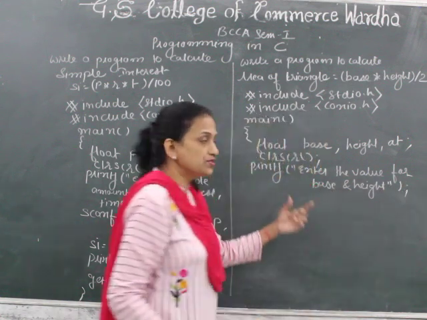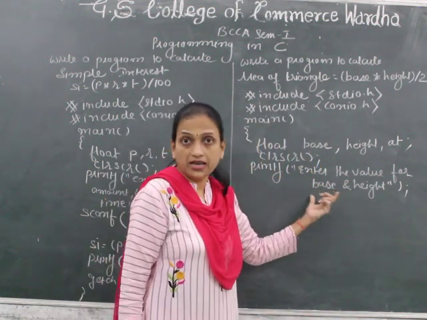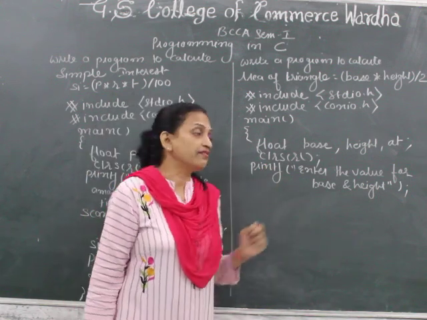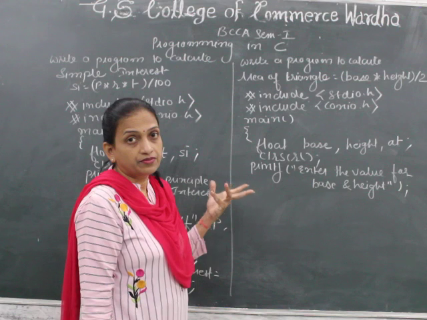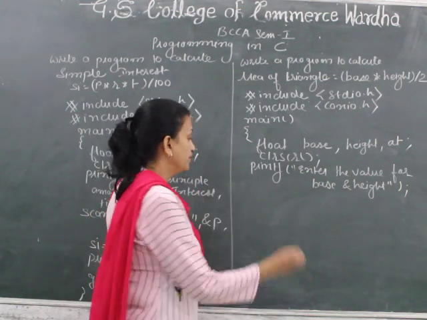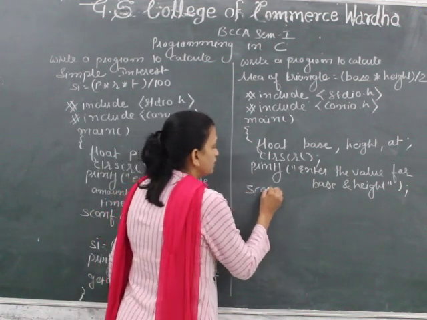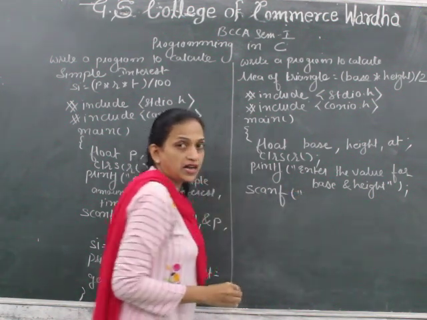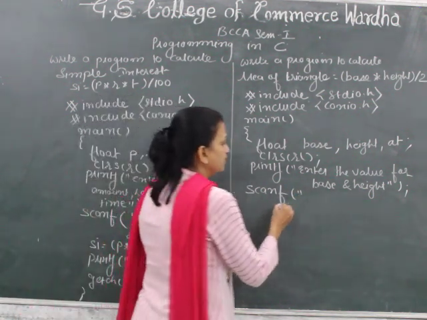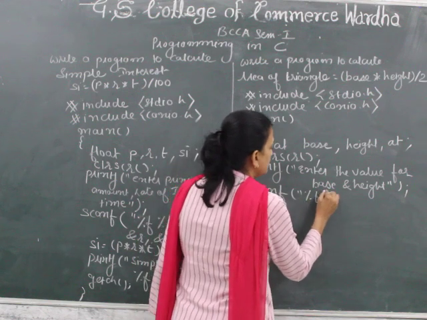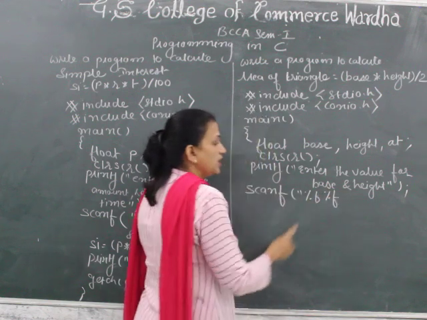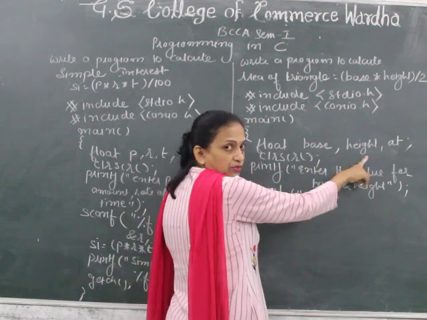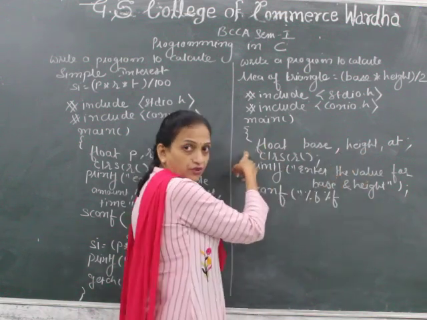So here the user gets the message that the compiler asked to enter the value of base and height. When the user enters the value of base and height, the compiler has to read that value. So to read the value, we are using the scanf function. Again we are reading the value for the base variable and height variable, which are of float type.